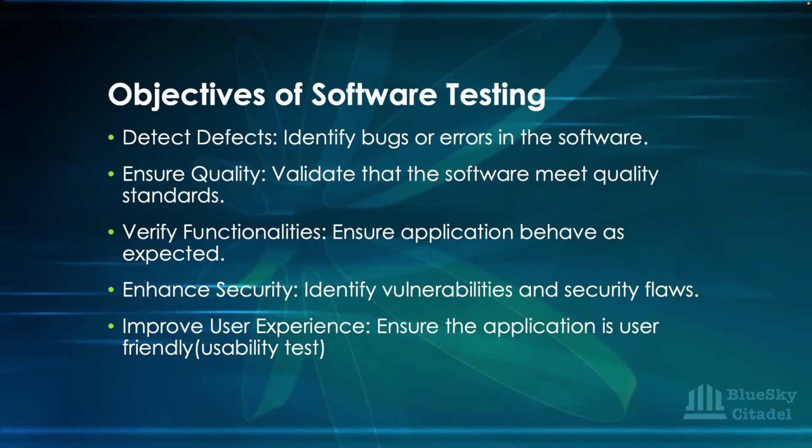Once you see the error, the first thing you should do is report it and raise a bug for it. You learn how to raise a bug in the course. Then to ensure quality, you validate that software meets quality standards, as I've explained earlier. Another objective of software testing is to verify functionality, so you ensure the application behaves as expected.